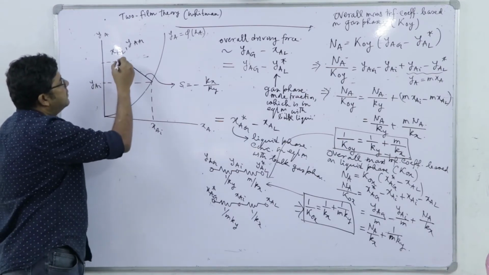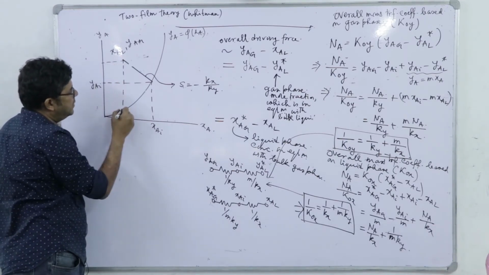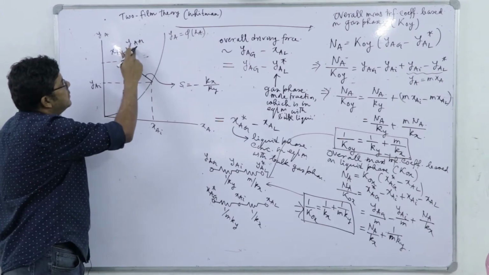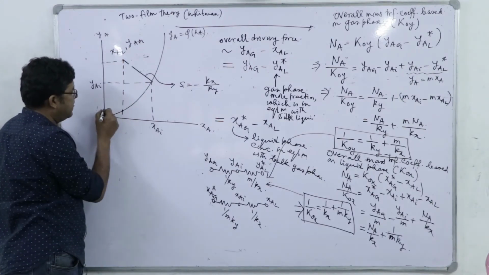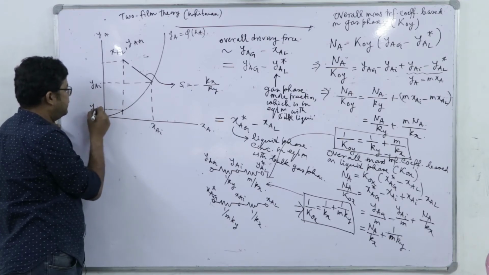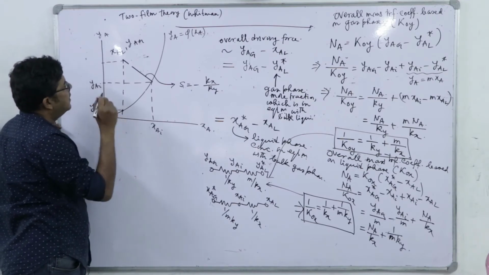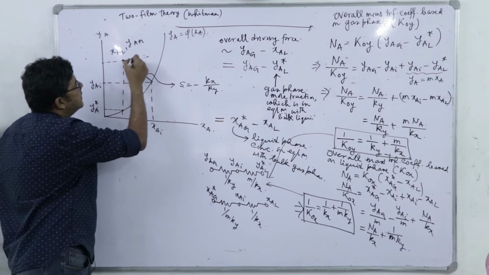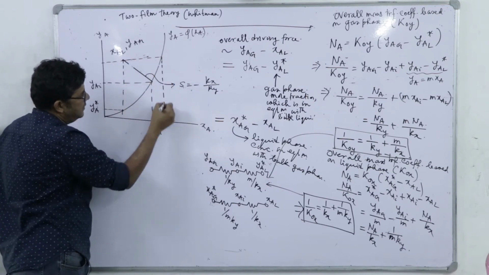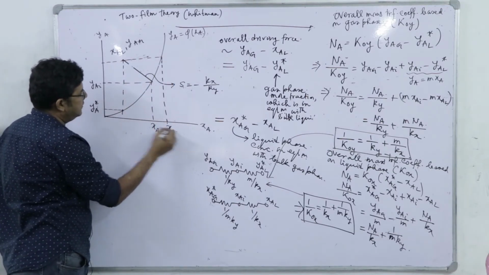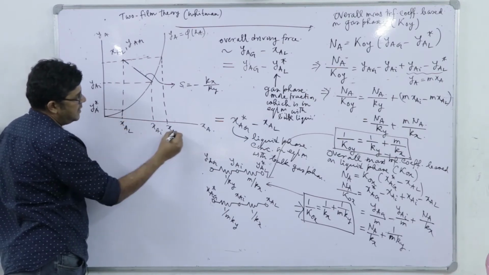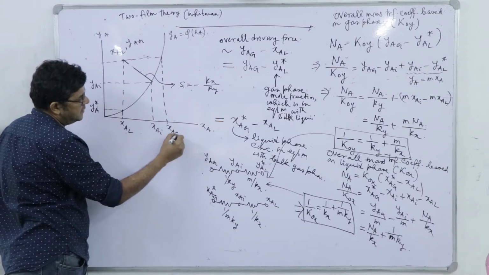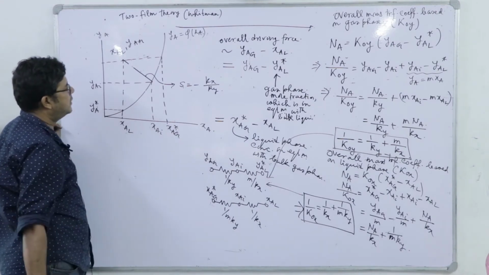Now, you see that if I drop a perpendicular here, this is in equilibrium with xal, so this is ya star, and on the other hand, if I extend this line, this is xal and this is xag star, right.